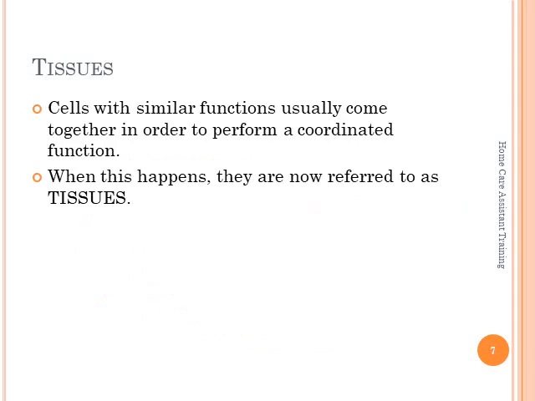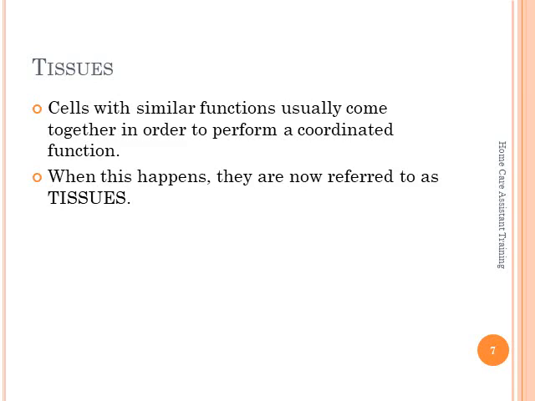So that's cells. But cells are very small. You can't even see them. So at times cells come together. When cells come together to perform one function or to do a particular thing, we call them tissues.